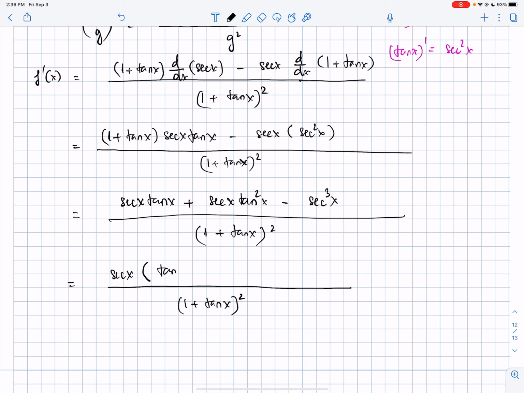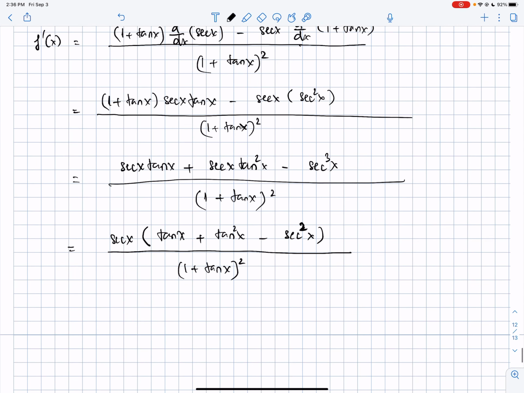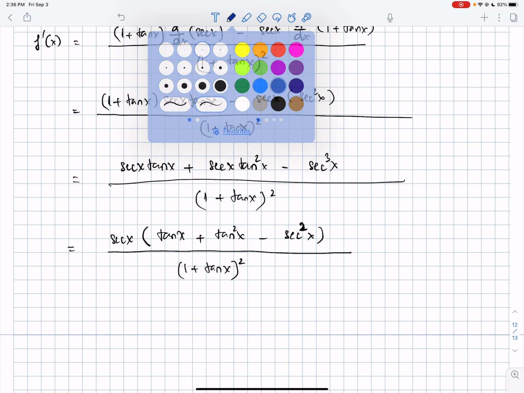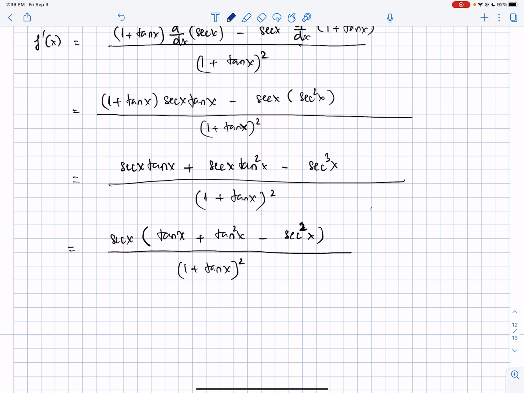So we will get tangent x inside the parentheses, tangent squared x inside the parentheses, and secant squared x inside the parentheses. We recall from the trigonometric identity that tangent squared x plus 1 equals secant squared x. That means if we do tangent squared x minus secant squared x, then we will get negative 1.